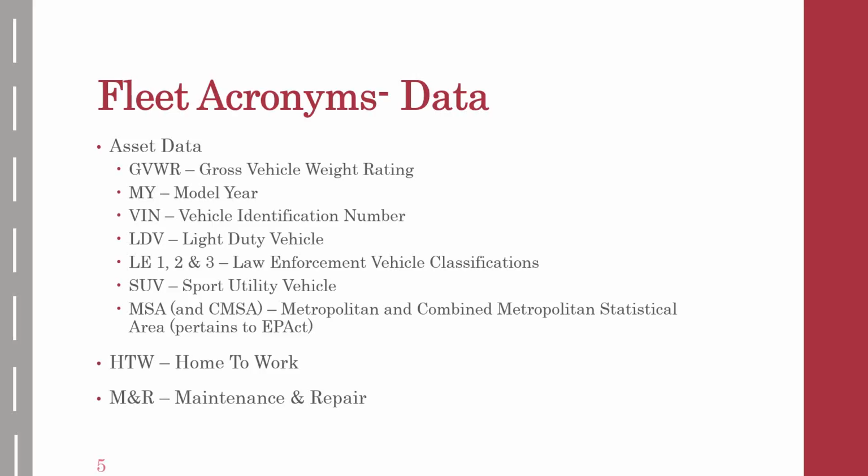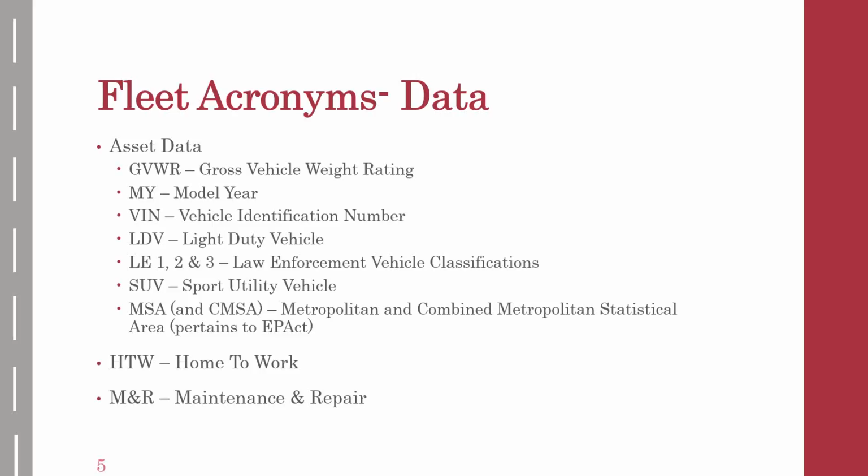So for vehicles that are in a metropolitan or combined metropolitan statistical area, there may be more or higher level requirements for vehicles to use alternative fuels, because the assumption is that there are probably more alternative fuel stations located in those areas rather than rural areas.